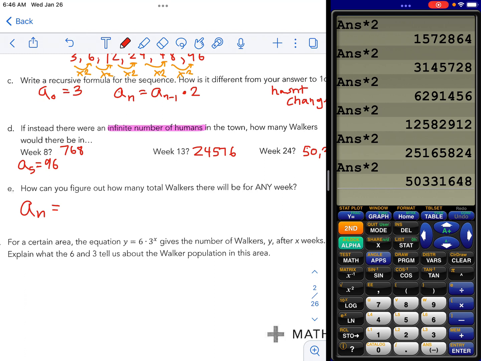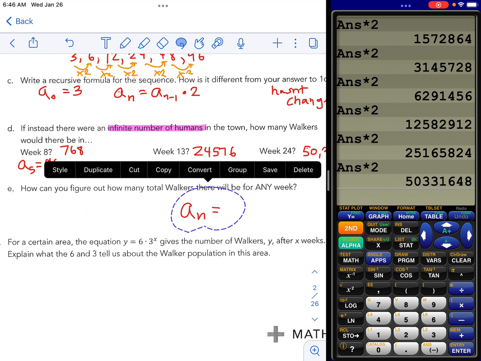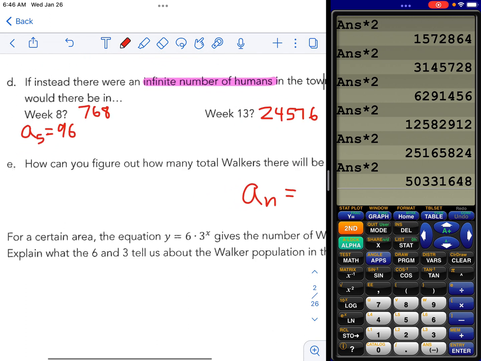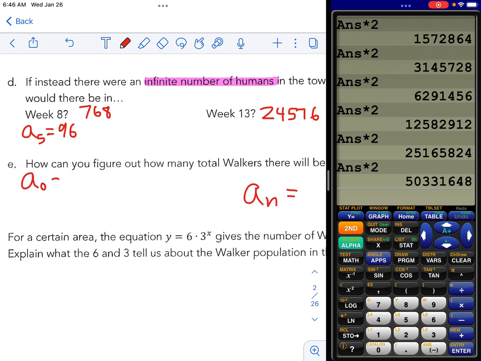And so if we think about it, let's just put that aside and think about the pattern we're looking at, this doubling pattern. So we have a sub 0 equals 3, and a sub 1 equals 6. That's 3 times 2. And a sub 2 equals, let's see, 6 times 2 is 12. Well, that was 3 times 2. That's 6 times 2 again.